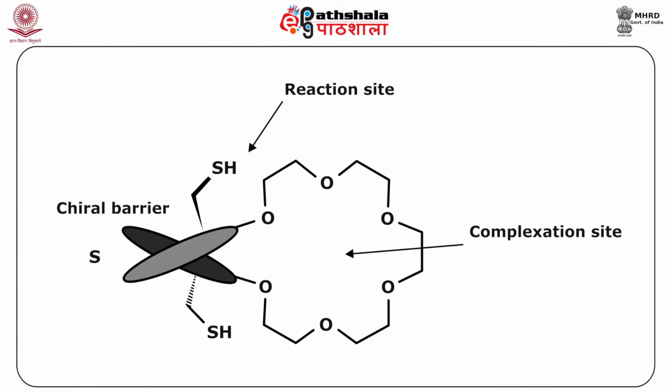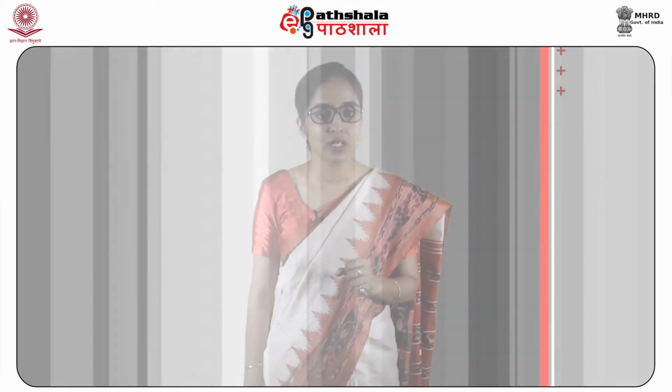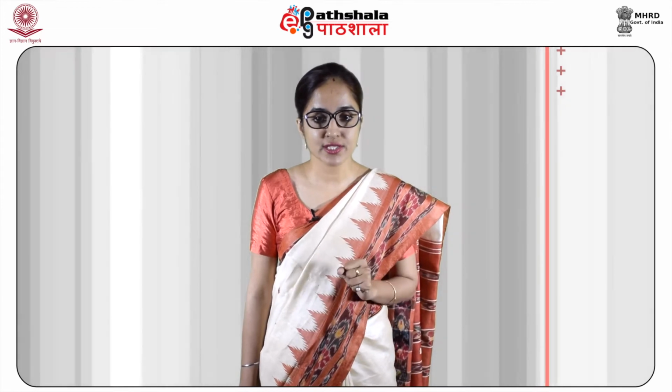Now you can see here the key features of the chiral corand transacylase mimics, and also in the next figure you can see the scheme of the transacylation step carried out by the above described corand, where Ar is equal to the para-nitrophenyl group.